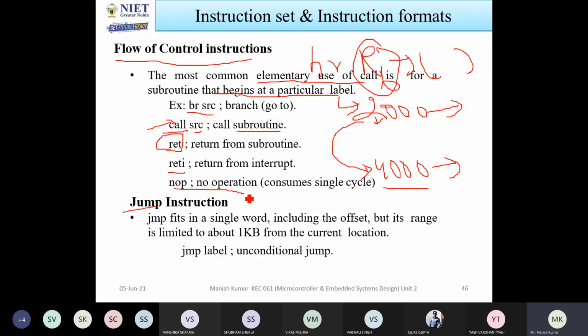Let us consider the microcontroller is executing the program, and when it comes to the point where you have to take the input from the sensor, at that time the sensor is not giving the input.